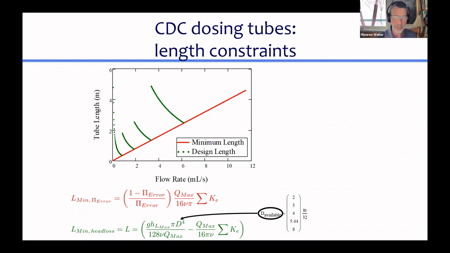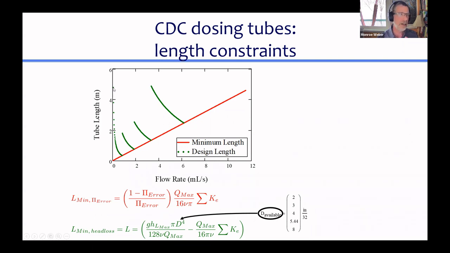And what happens is if your flow is lower, the tube has to get a whole lot longer to create enough head loss. And so that's why these green lines have this crazy, very sharp curve.